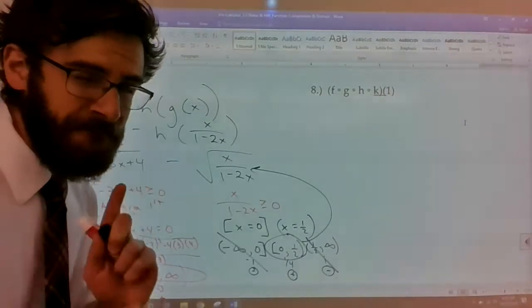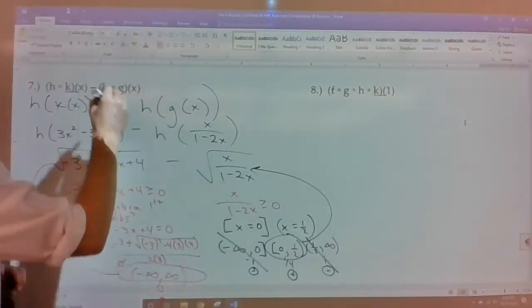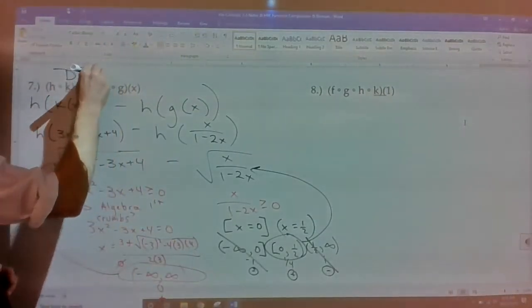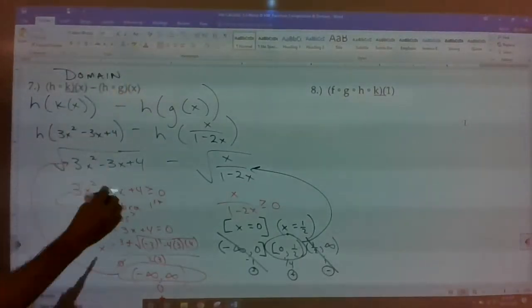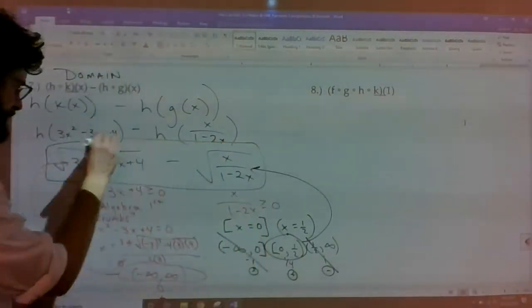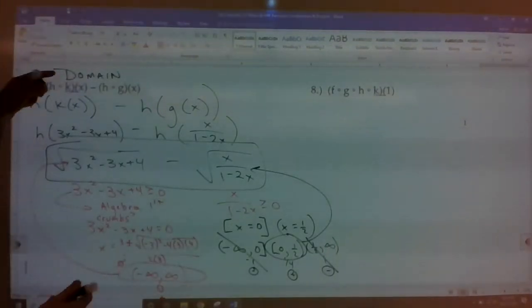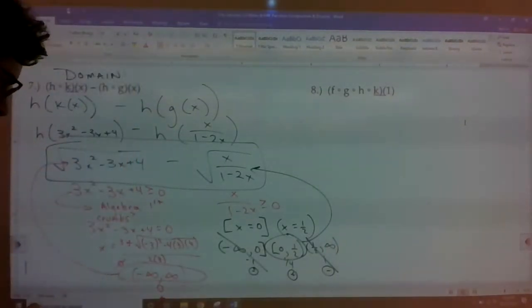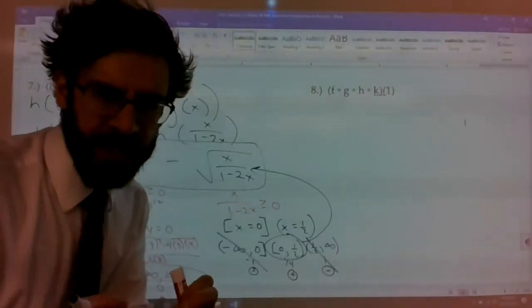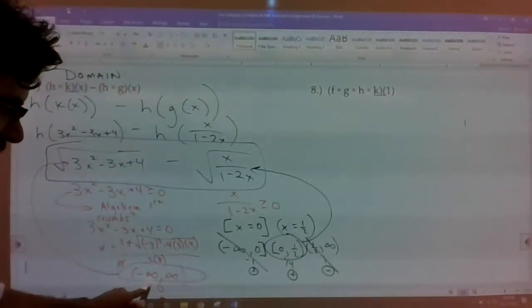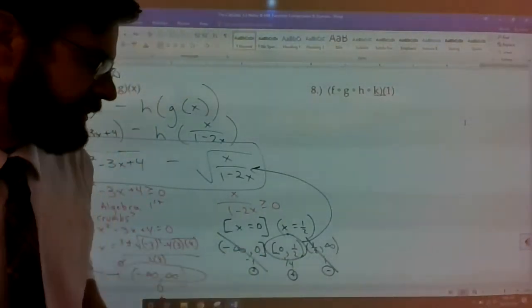So now, final answer for the domain. We've got our composite function. It's this. There's nothing really else to do with that monstrosity. But the domain itself is going to be the intersection of negative infinity to infinity and 0 to 1/2.